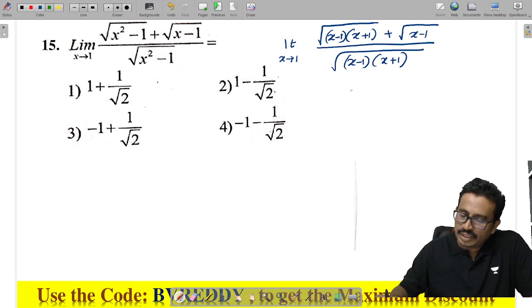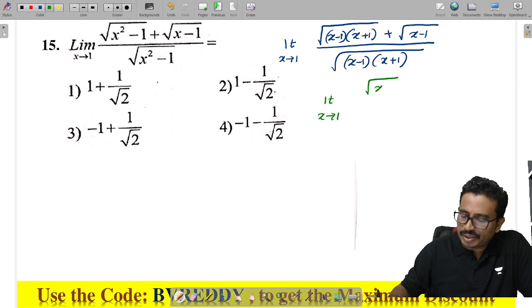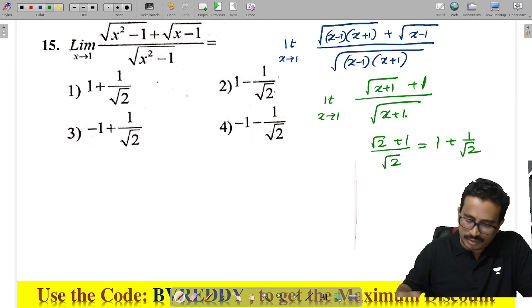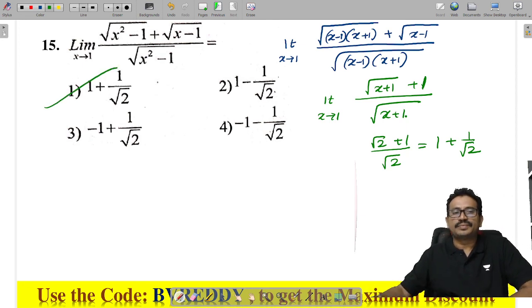Now if I take x minus 1 common and cancel it, what we have left in the numerator is square root of x plus 1, plus 1 by square root of x plus 1. Now substitute here: that is root 2 plus 1 by root 2. So this means I will get 1 plus 1 by root 2. So this is the option.